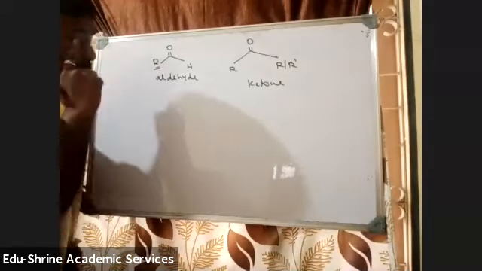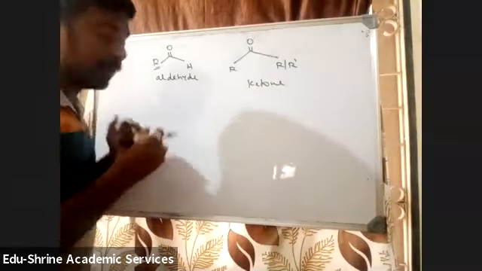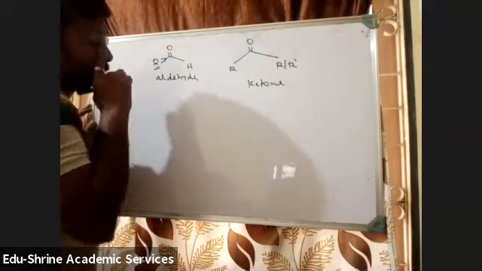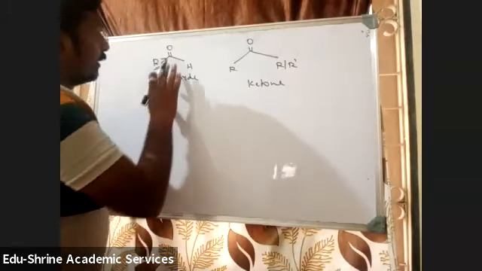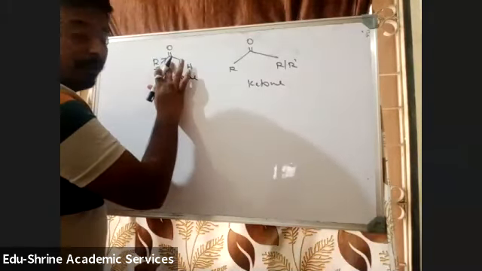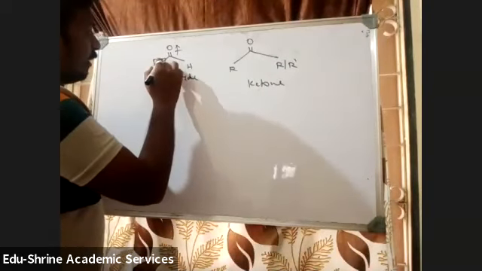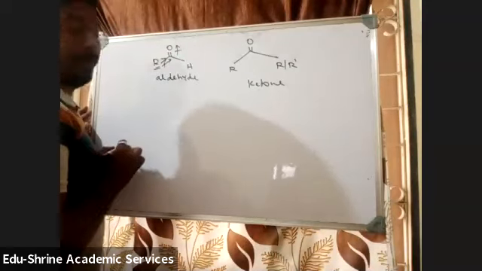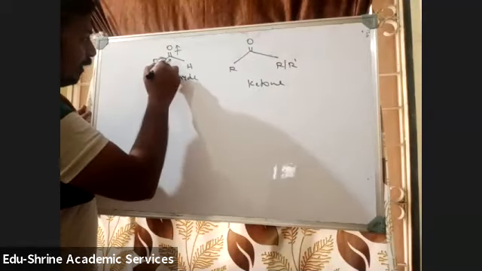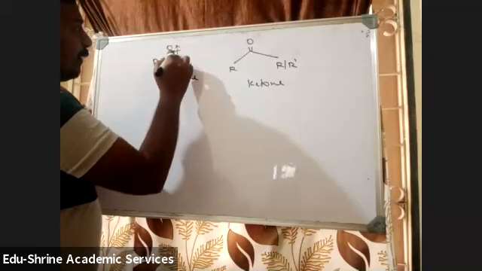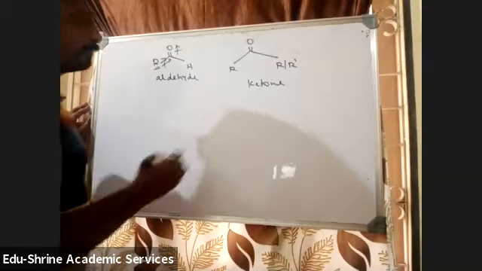What about the alkyl group? We know that the alkyl group is an electron donating group, so it will give electrons to this carbon atom. And oxygen is more electronegative, no? So with respect to this bond, the dipole moment will be in this direction, and with respect to this bond, the electron density will be in this direction.